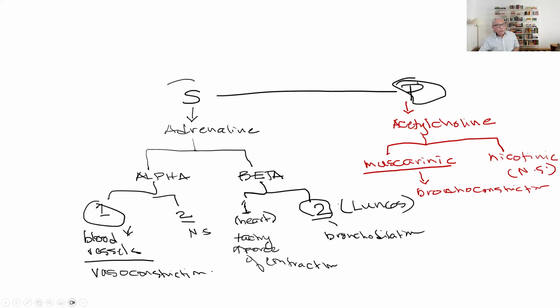So in order to deal with asthma, what we're going to have to do is to increase these things right here. Anything that increases this effect is what is called a beta agonist.